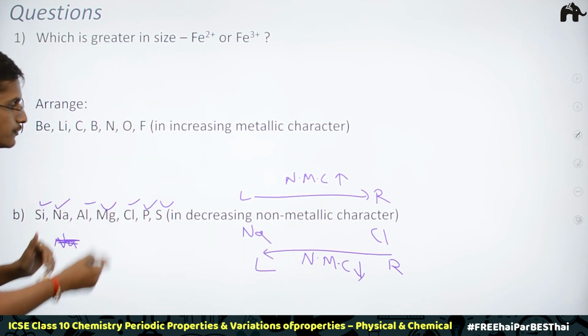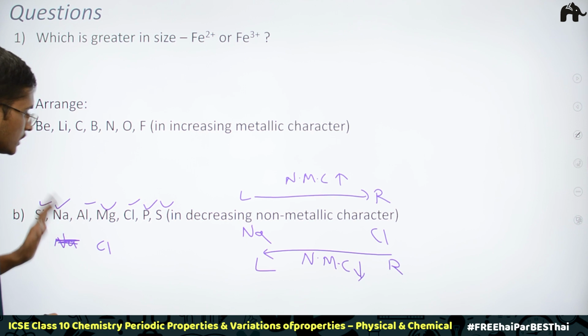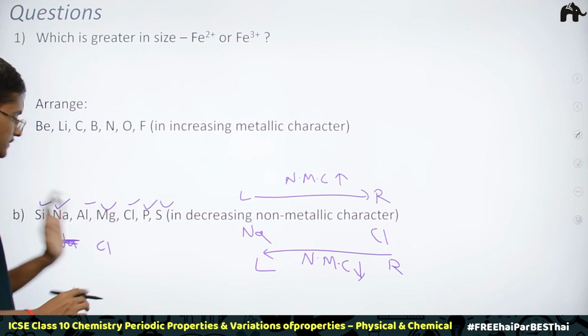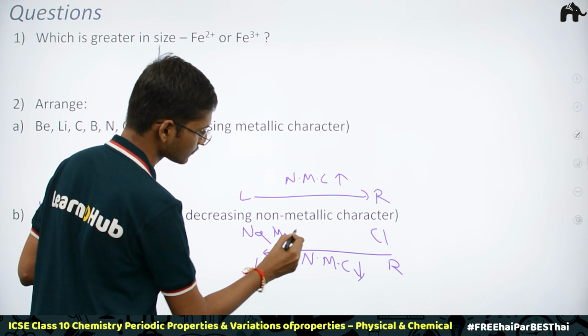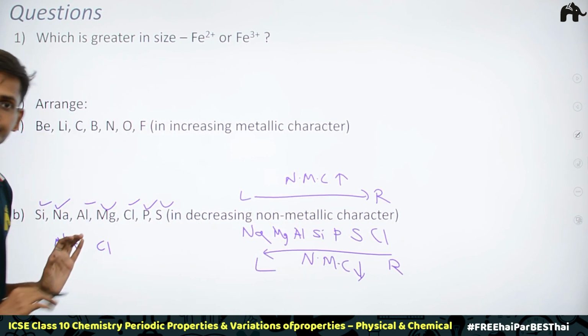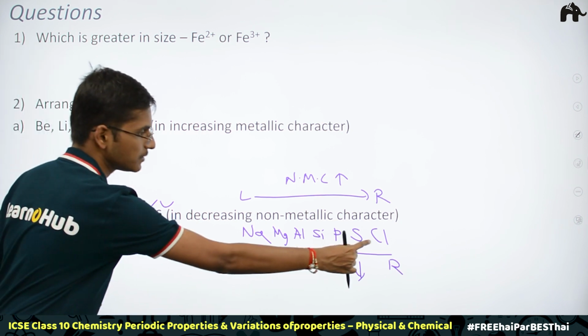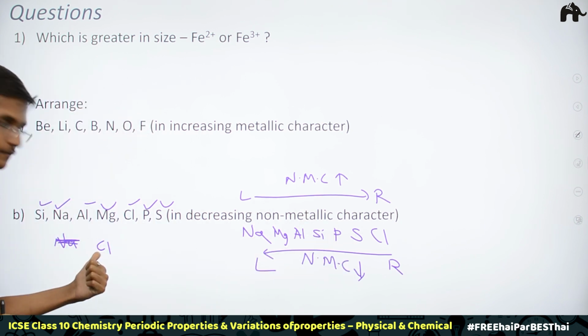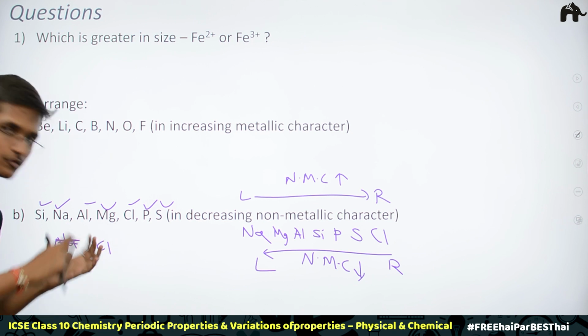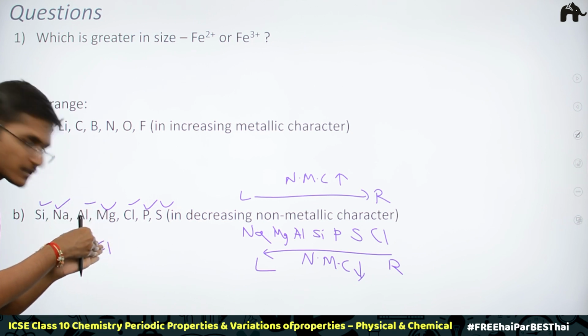So first which would come? Chlorine, among all these elements. I arrange the elements here: sodium, magnesium, aluminium, silicon, phosphorus, sulfur, chlorine. Chlorine has the most non-metallic character, so it comes first. Then in decreasing order, which element has less non-metallic character than chlorine?